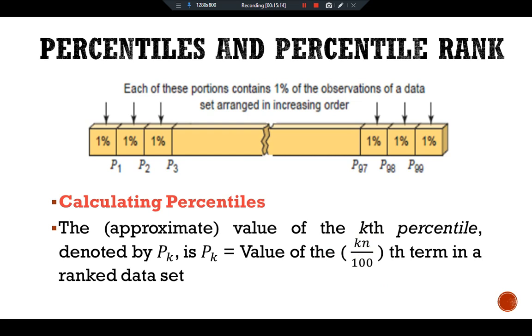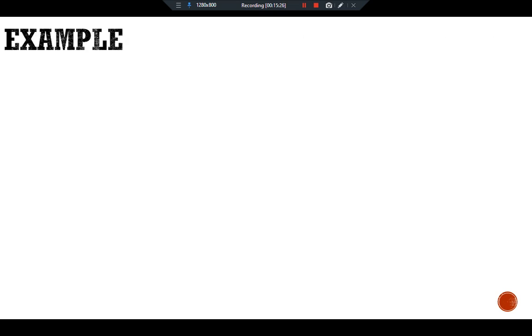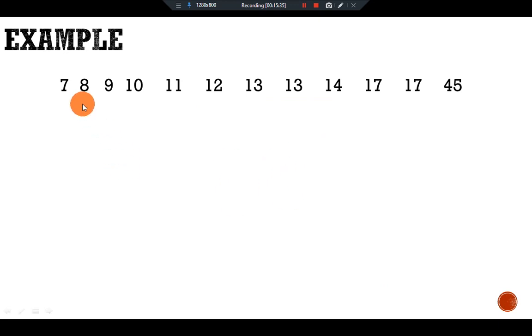For a further understanding of the percentile and percentile rank, let me give you an empirical example. Here we have the data of 12 companies' profit, that is 7 billion, 8 billion, and so on, as we discussed in our previous example.